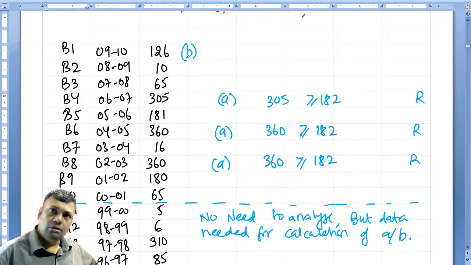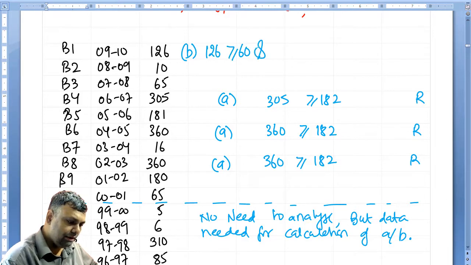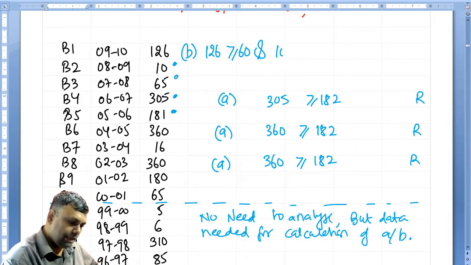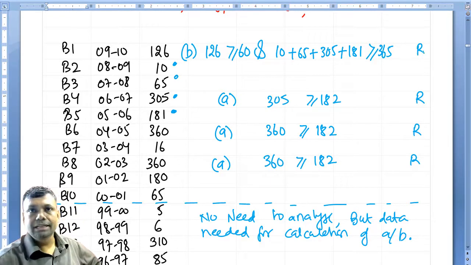So condition B: 126 days should be greater than or equal to 60 days, and the 4 years back to this year is going to be this number. 10 plus 65 plus 305 plus 181 should be greater than or equal to 365. The condition is already satisfied and therefore you are resident.